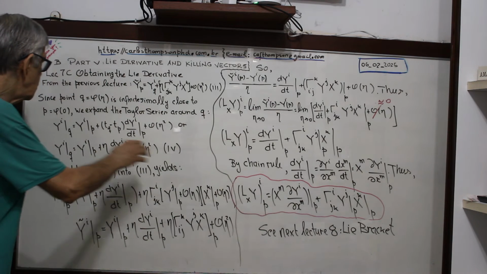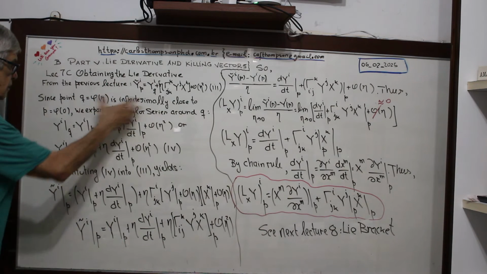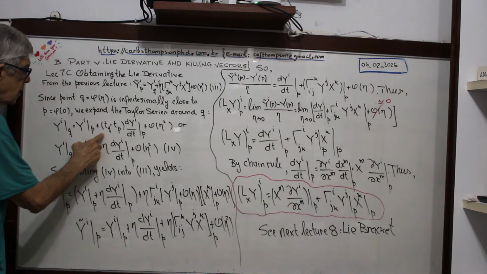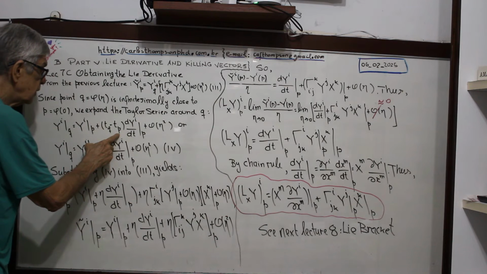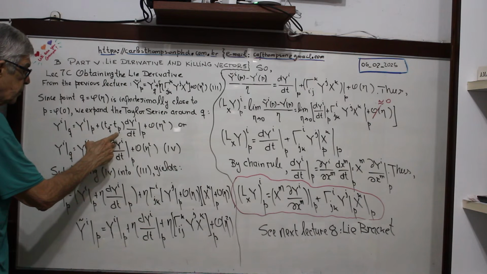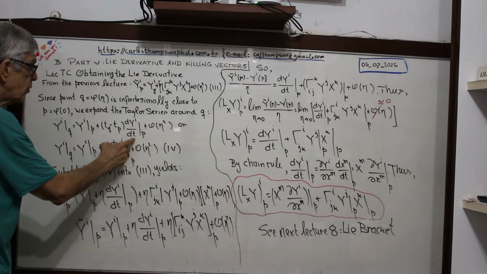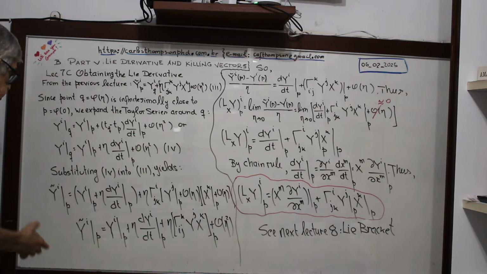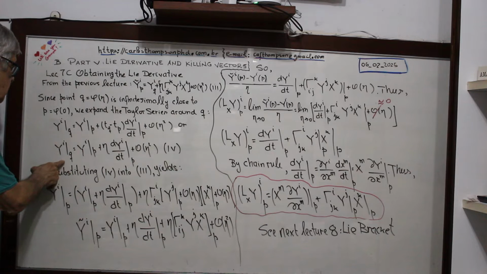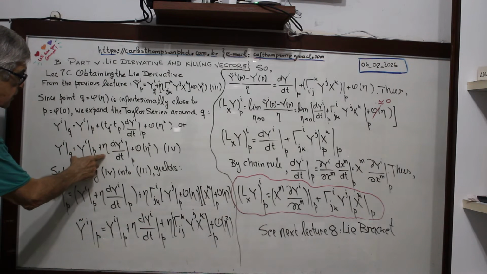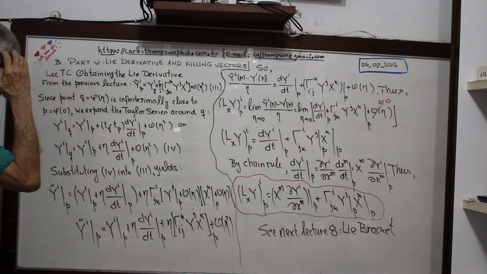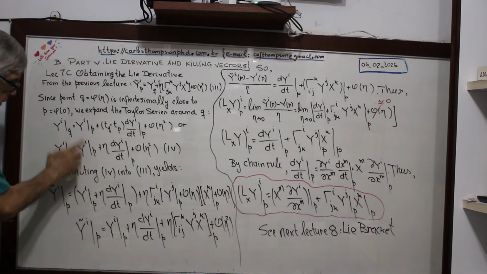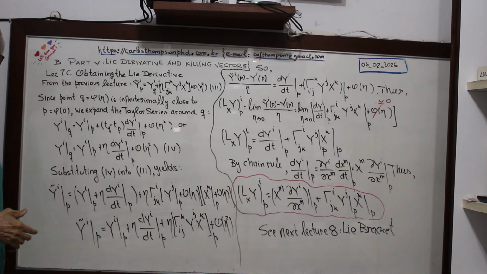So I can write the Taylor series: y at q is y at p plus eta, where t_q minus t_p is eta, times dy^i/dt at p, plus order of eta squared. That is analogous to the Taylor series from calculus.